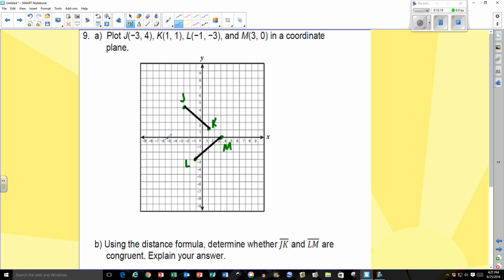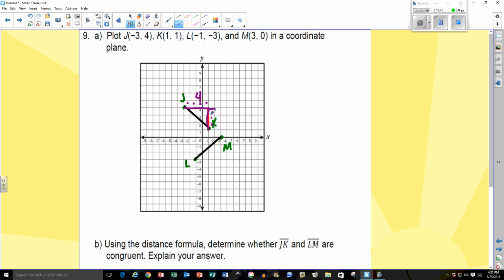It says use the distance formula to determine if these two segments are congruent. Well, of course, if they were horizontal or vertical, they'd be super easy because then you could just count 1, 2, 3, 4, and so on. But what's cool about them being on the coordinate plane is they're real easy to check because you can use the Pythagorean theorem. I could draw this triangle here and I see that this is 1, 2, 3, and this is 1, 2, 3, 4.